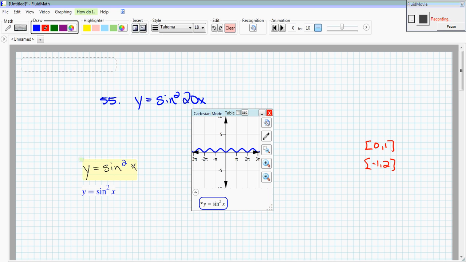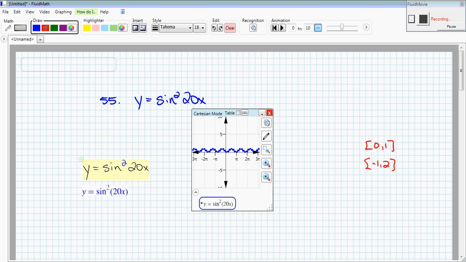In terms of the 20x, well, let's see what happens here when we make this 20x. Right now, with this viewing rectangle, it looks crazy. But really all that's happened is the frequency of this wave has increased because the period has gone from 2 pi to 2 pi divided by 20, because 20 is k, and that's how we find the period.